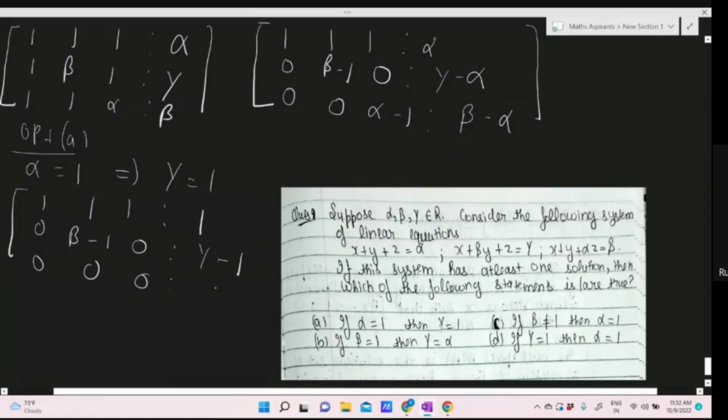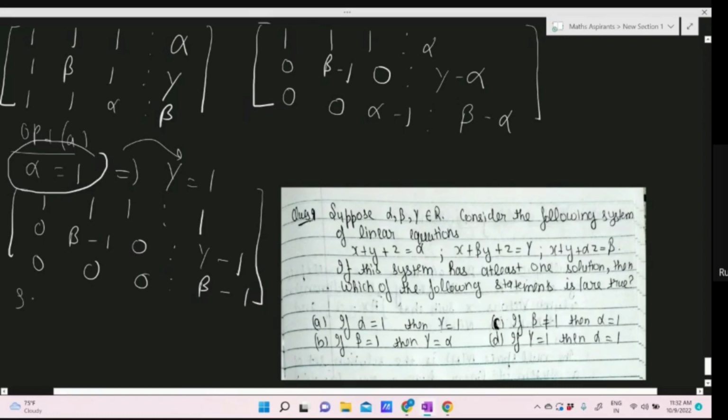This element will become 0 and this will become beta minus 1. Now given that alpha is equal to 1, and also it is given that the system will always have at least one solution, which means the system is consistent.